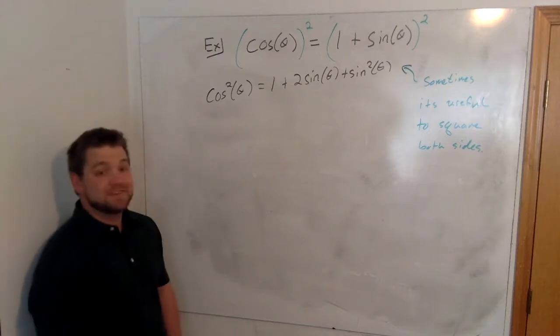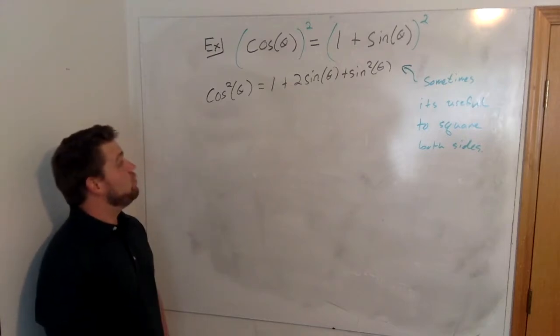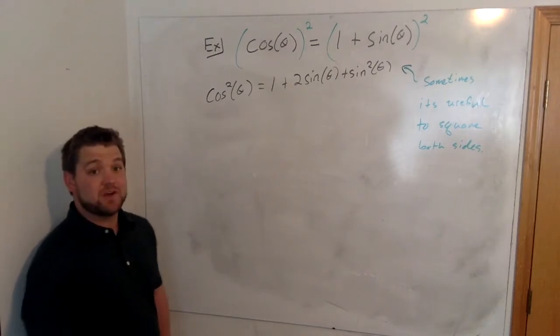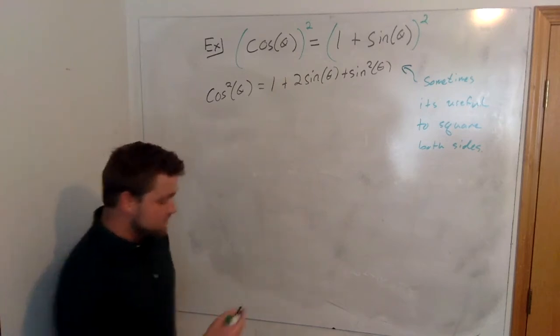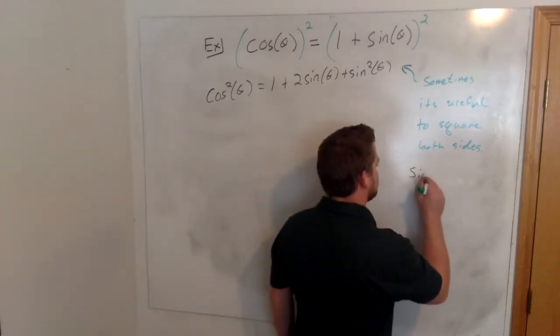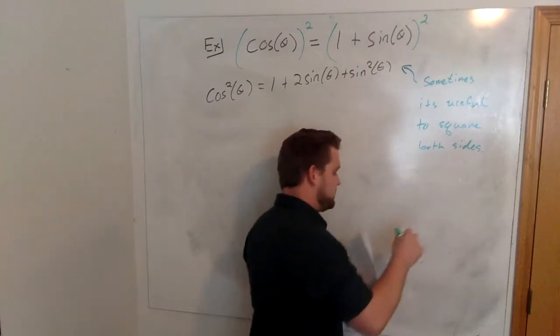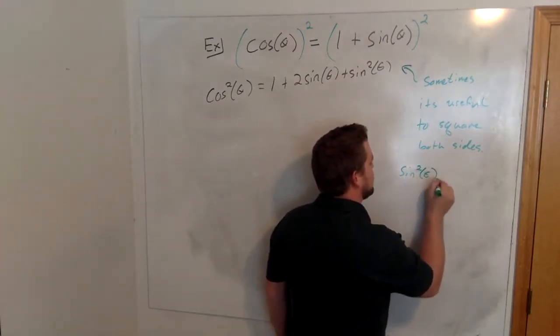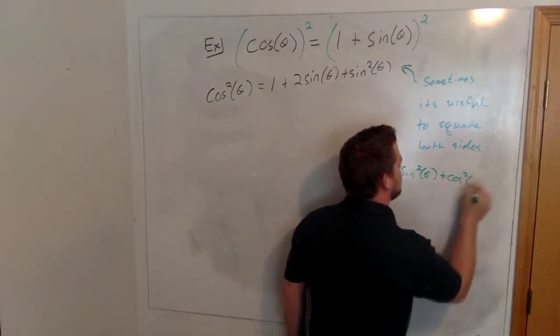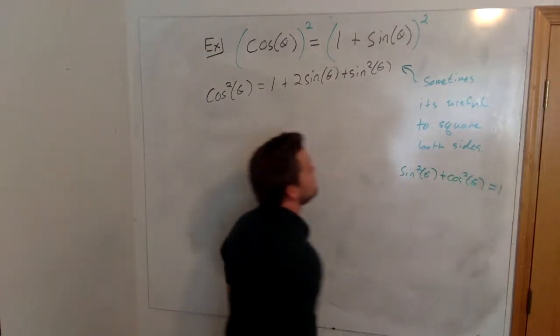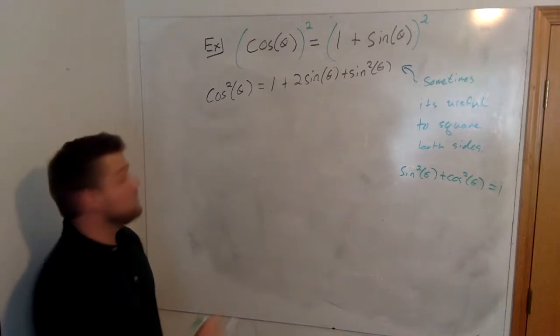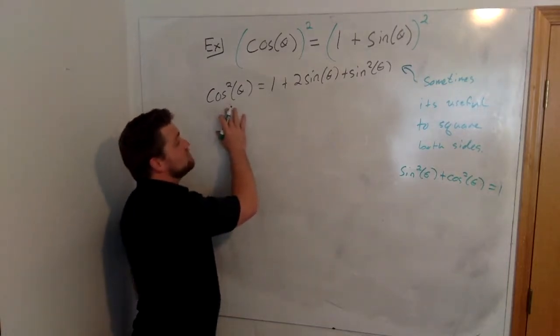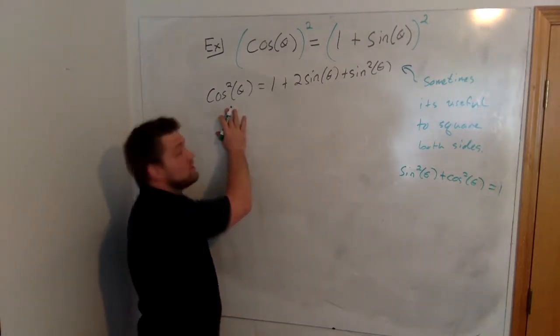Okay, this is great. So what we're going to want to do from here is use a Pythagorean identity here. So we know that sine squared of theta plus cosine squared of theta is equal to 1. In this case here, we're definitely going to want to replace the cosine squared in terms of sine squared.